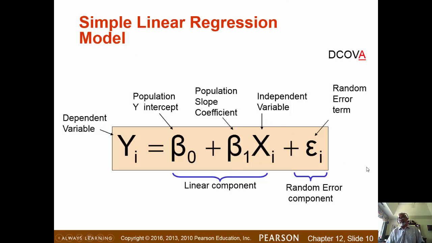But when you have multiple x's, so beta sub 1 x sub 1, beta sub 2 x sub 2, beta sub 3 x sub 3, and several x's, that is called multiple linear regression. In chapter 12, we're going to look at only the simple linear regression model. In chapter 13, we will extend it to the multiple regression model.